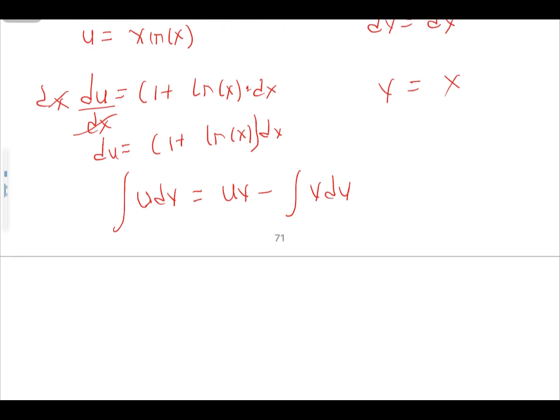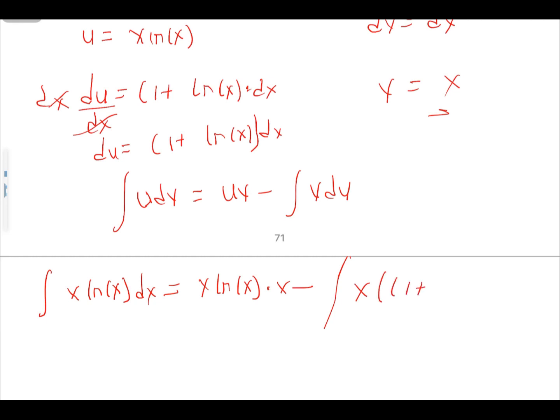Therefore we substitute into the question, and we are going to get the integral of x ln x dx, which is equal to x ln x, that is our u, and our v here was x, multiplied by x, minus the integral of x into brackets, 1 plus ln x.